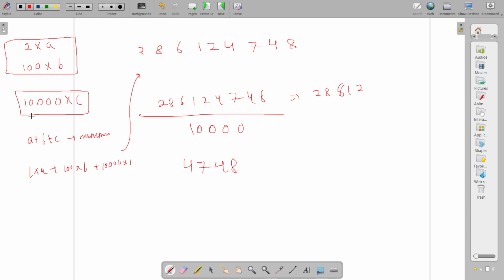Now you obviously cannot take a 10,000 rupee note because your value is less than 10,000. So you'll pick some 100 rupee notes. How many of them? You will pick 47. And the remaining notes are 1 rupee notes. You have 48 value remaining, 48 divided by 1, which is 48. So basically you add these three, and this is the minimum value of a plus b plus c, so that you can get this sum.